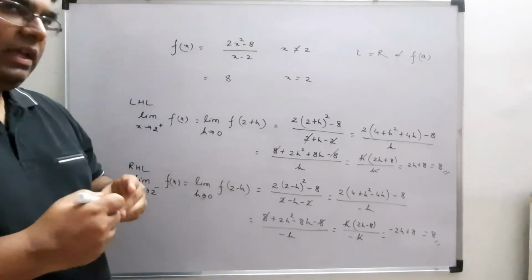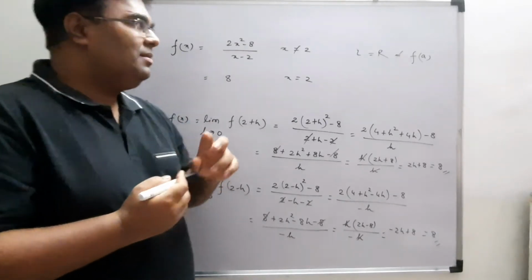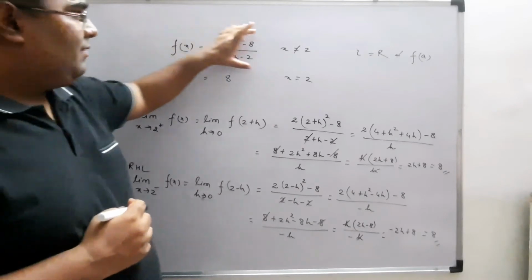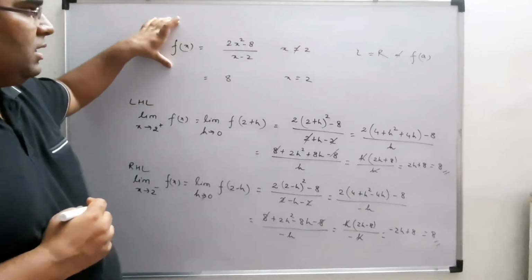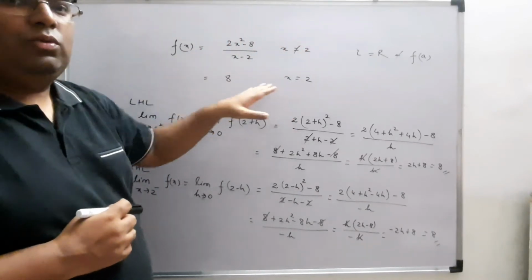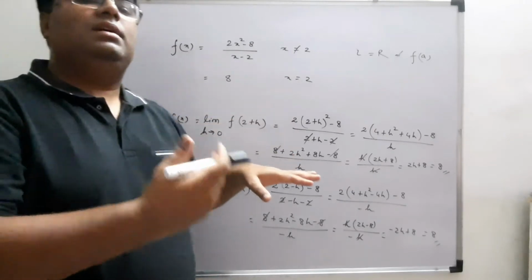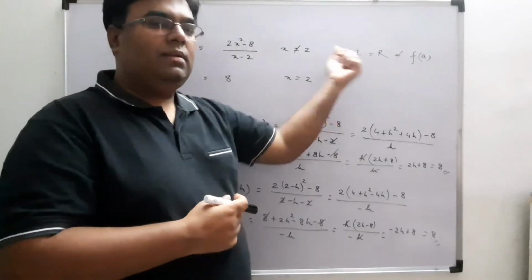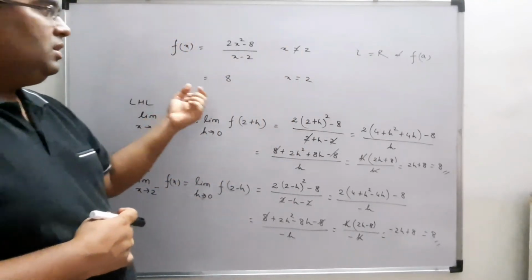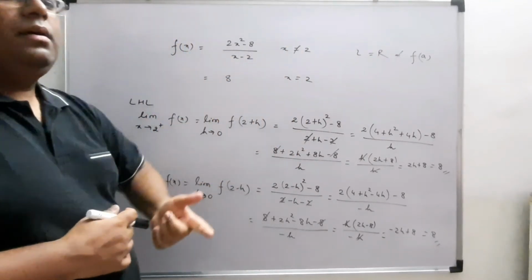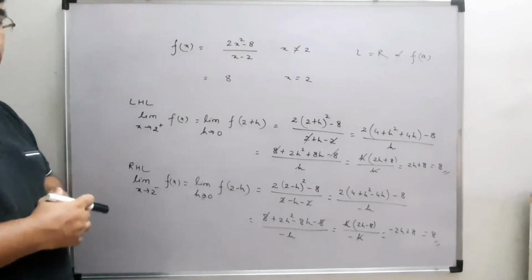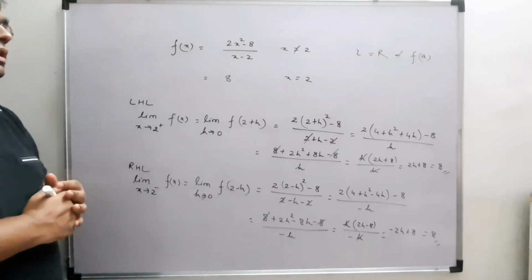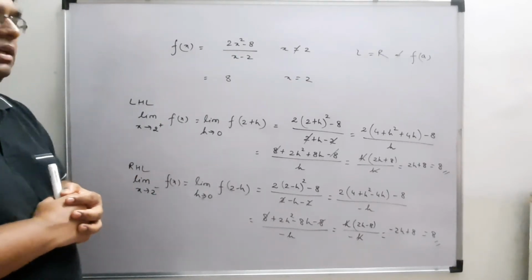The question can also be asked in a manner that only this part will be given and you will be asked to find the value at x equal to 2 so that the function is continuous. So L is equal to R will be there, and we need to just redefine the f(a) part, or find the f(a), so that the function becomes continuous.